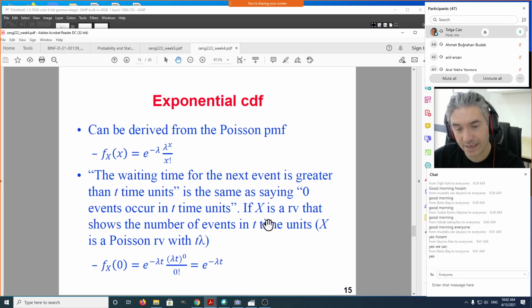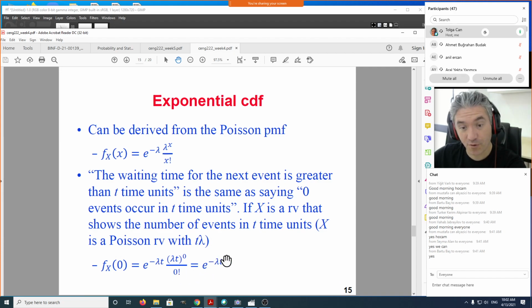If x is our Poisson random variable in t time units, it will be a random variable with mean t times lambda. And this is the probability to observe 0 events in a Poisson variable with parameter lambda t, which is e to the minus lambda t if you just plug in 0 here.